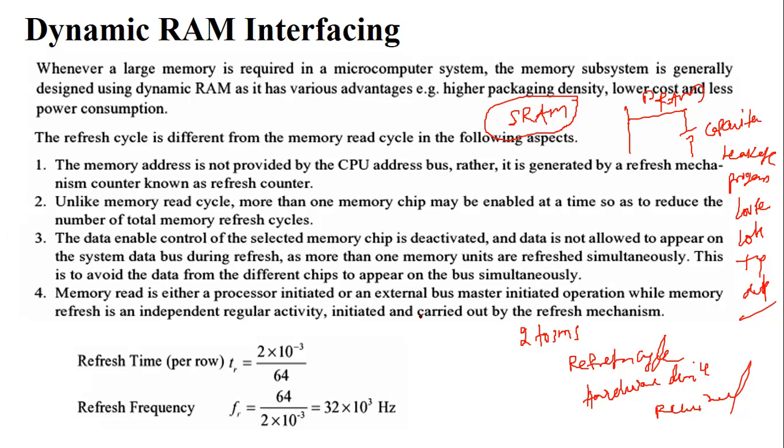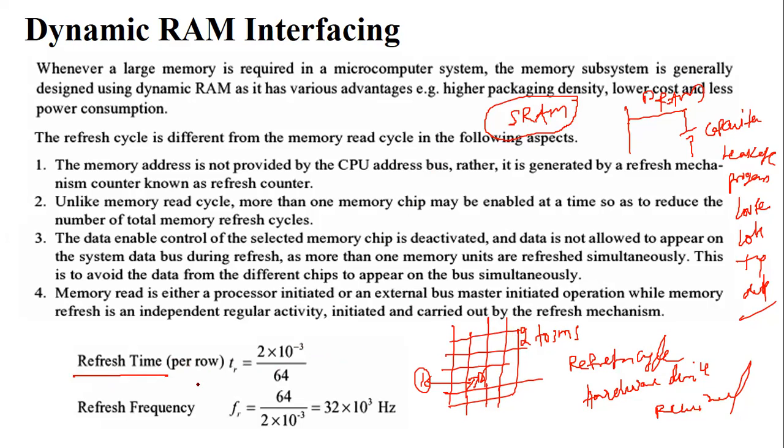The refresh time you can calculate per row, and once you refresh it, it can refresh the entire rows, as memory is in rows and columns. When you refresh one row, it refreshes all the rows connected in that DRAM.